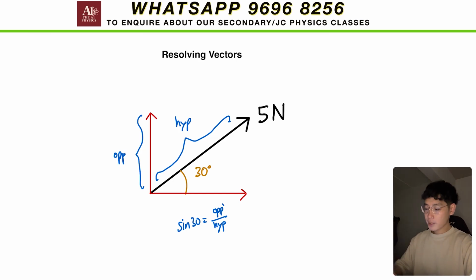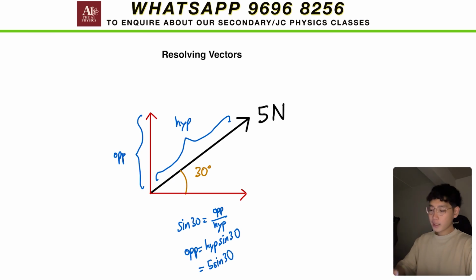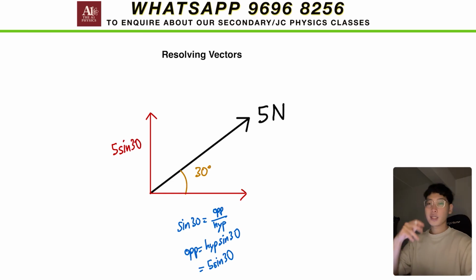By making opposite the subject, opposite equals hypotenuse times sine 30. We know our hypotenuse is 5 newtons, so opposite equals 5 sine 30. Meaning this vertical component has a magnitude of 5 sine 30. That's how we resolve the vertical component of the force.